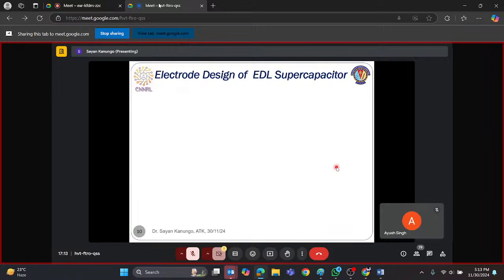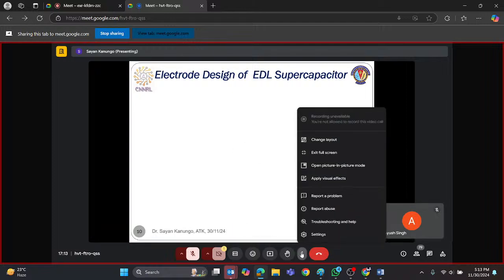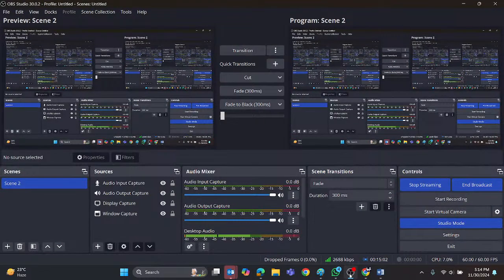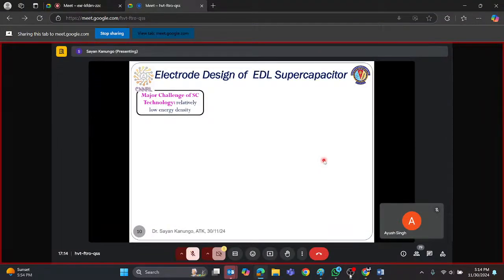So let us also look into some of the design aspects of the electrode. Here, we are going to focus on the electrode design aspect, and see how the properties of the electrode influence the performance of the ideal supercapacitor. As we all know, one of the major challenges of supercapacitor technology is its relatively low energy density.